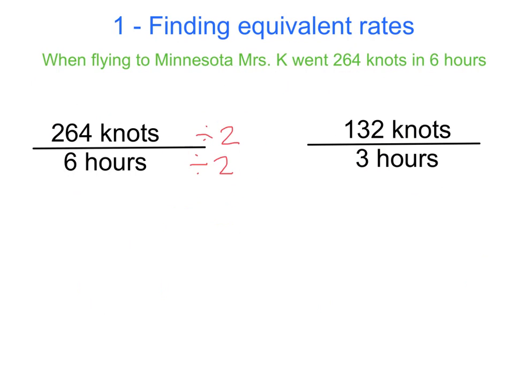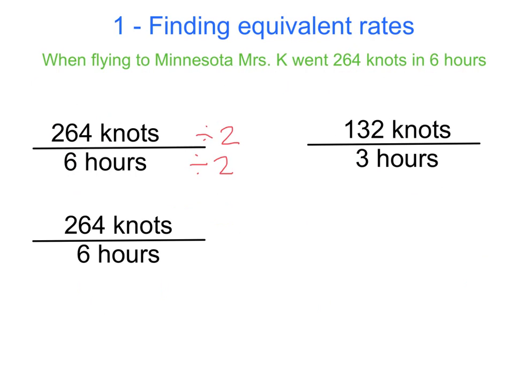Now we can redo that problem, and instead of dividing by 2, we can divide by another number. If we look at the same problem, we have 264 nautical knots over 6 hours. What if we decided to divide by 3, so we can see what a third of the speed would be?